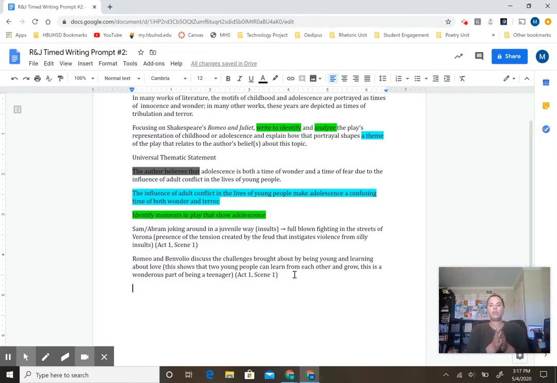This is the scene where Lady Capulet comes to Juliet and says, "Hey, your father's arranged this marriage for you. Why don't you take a look at him tonight?" It's the scene that the nurse is involved in. So Juliet is so excited to attend the ball at her family's house.